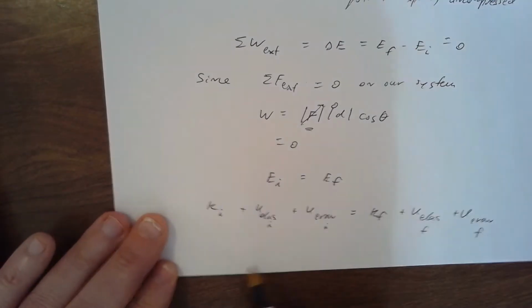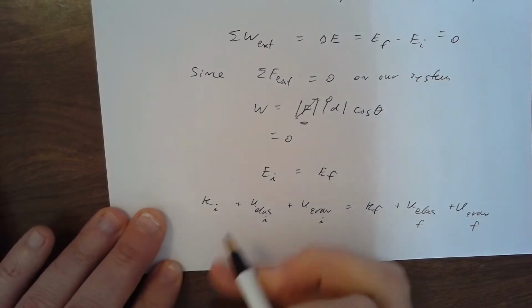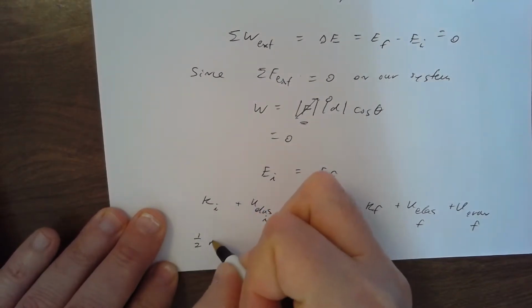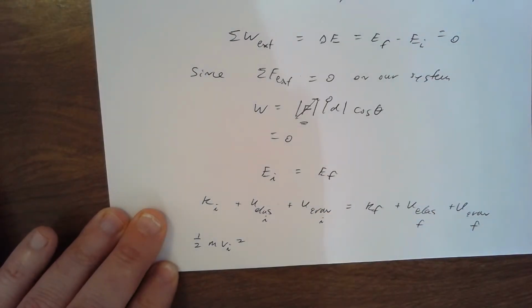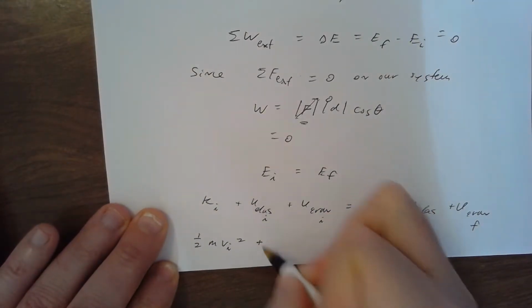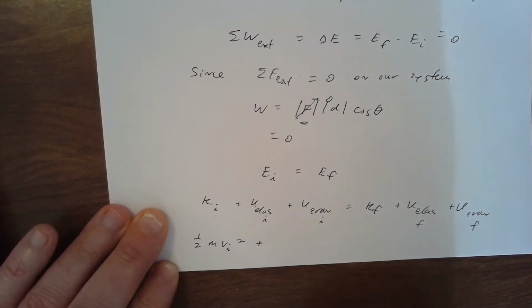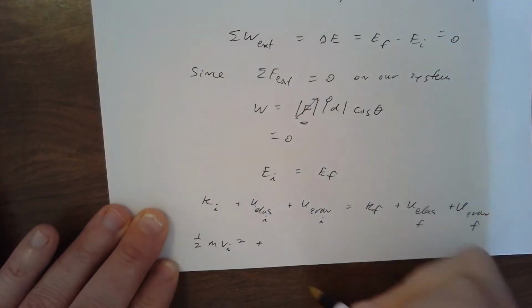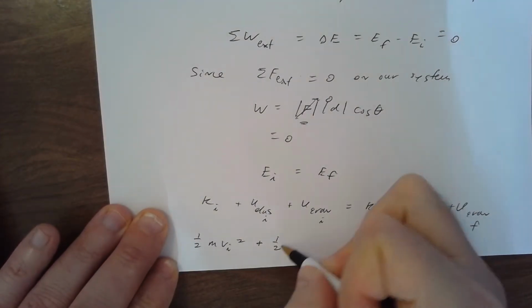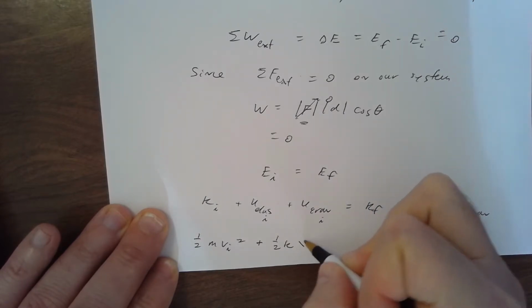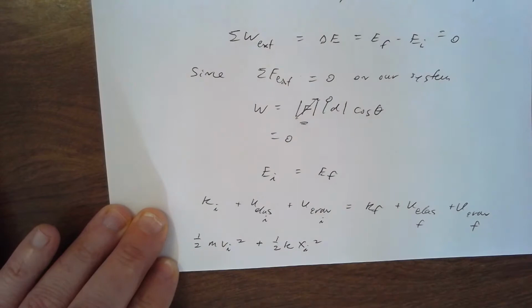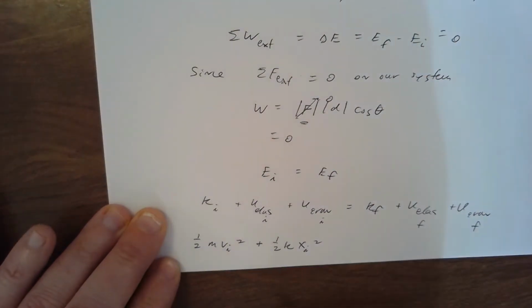Now I know a formula for each of those forms of energy, and hopefully you've studied those. So let's put in the formulas. Kinetic energy is always calculated by 1/2 times an object's mass times the square of its speed. Elastic potential energy of an ideal spring is calculated by 1/2 times the spring constant k times the amount the spring is stretched or compressed, squared.